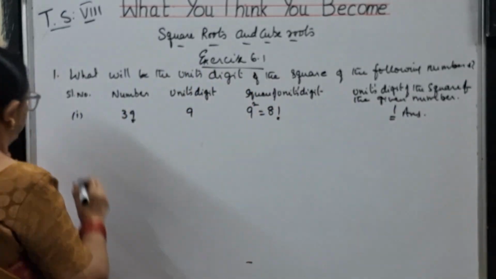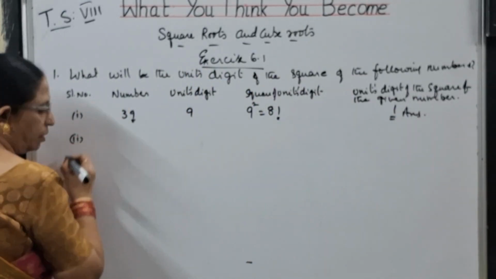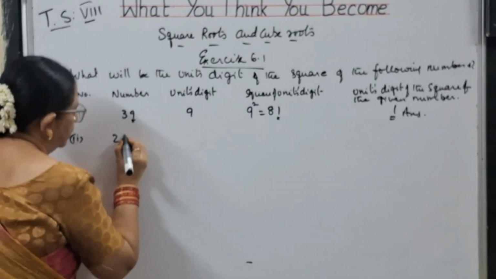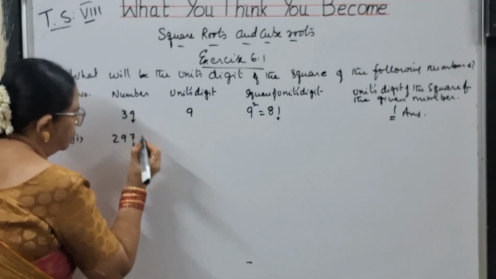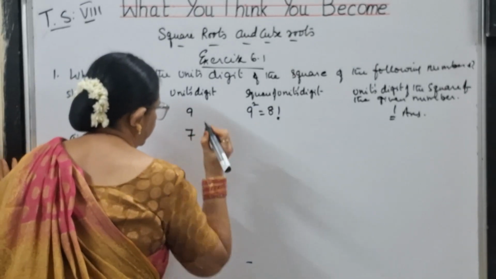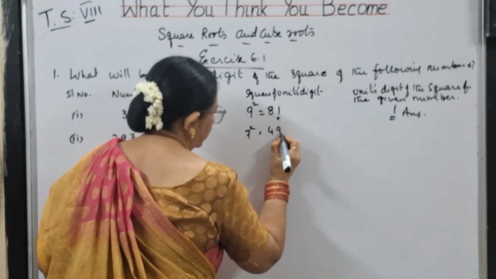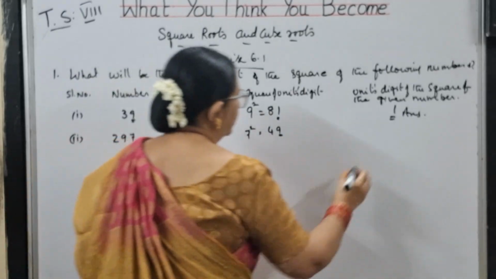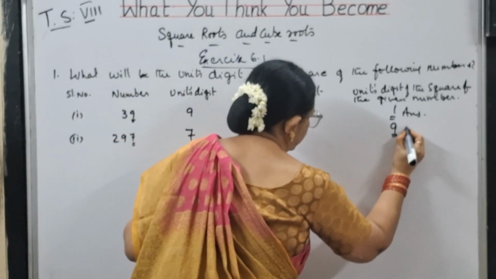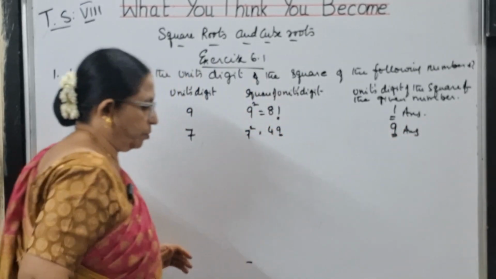Now let us see the second one. What is the second one? 297. So what is its units place? 7. So what is this 7 square? 49. So what is the units place of this? 9. So 9 is the answer for this problem.